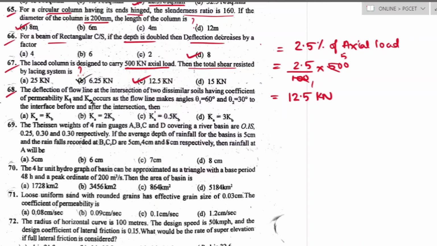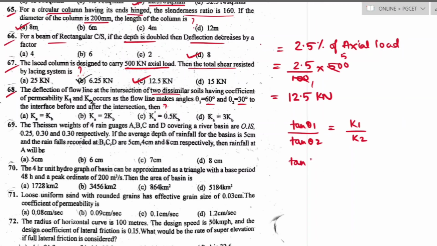Question number 68. The deflection of flow line at the intersection of two dissimilar soils having the coefficient of permeability K1 and K2 occurs as the flow line makes angles θ1 equal to 60 degree and θ2 equal to 30 degree to the interface before and after the intersection. Then we have to find the relation between the two permeability coefficients, K1 and K2. According to law of deflection of flow lines at interface of dissimilar soils, tan θ1 by tan θ2 is equal to K1 divided by K2.